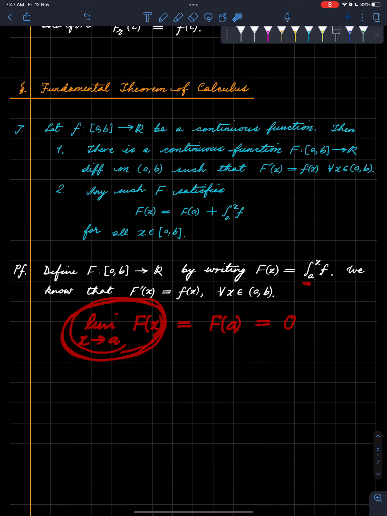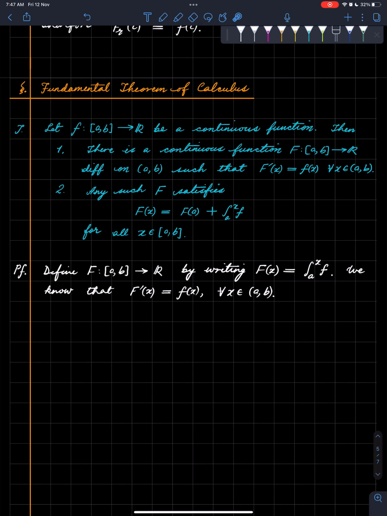But that is clear because this will go to 0 as x goes to a. Because f being continuous is of course a bounded function. So if you integrate over smaller and smaller regions, you'll get smaller and smaller values. So you can easily show that capital F is continuous everywhere because it is already differentiable in the interior, and at the boundary points you can show continuity by taking limits. Okay, so we have a continuous function whose derivative in the interior matches with the function little f. So we have constructed such a thing.